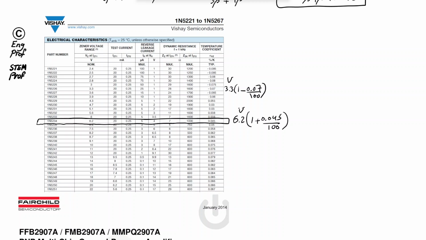That's how the Zener diode voltage is changing. So see, we have a negative and positive, so we can adjust them. I'm not saying this is the best choice.